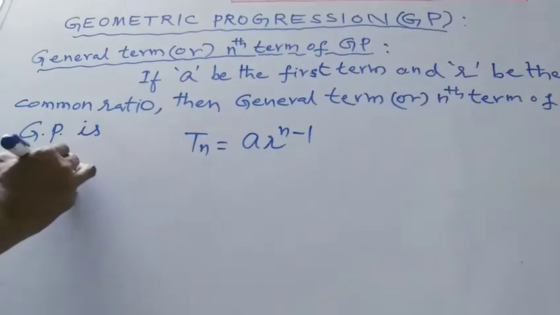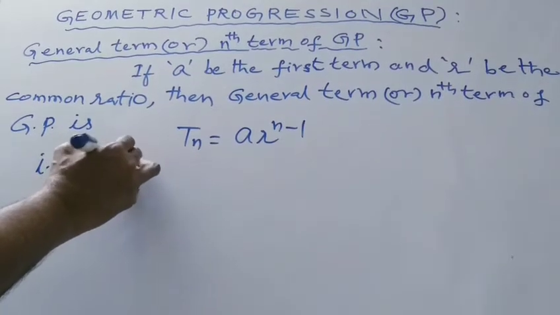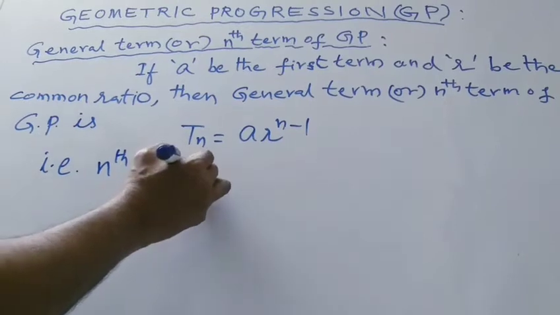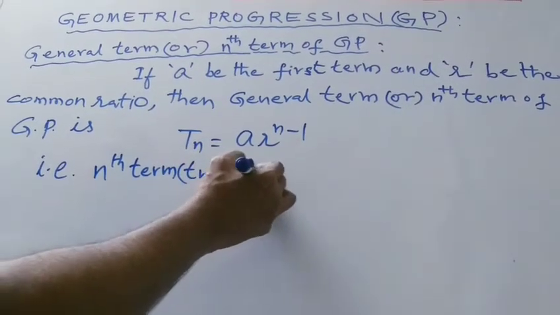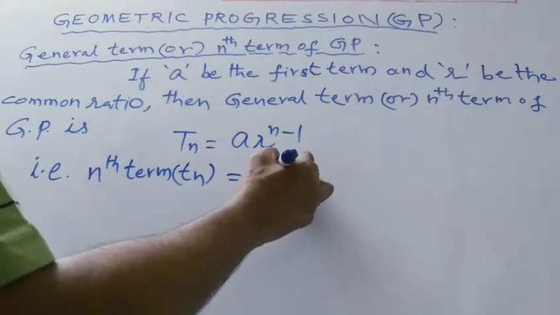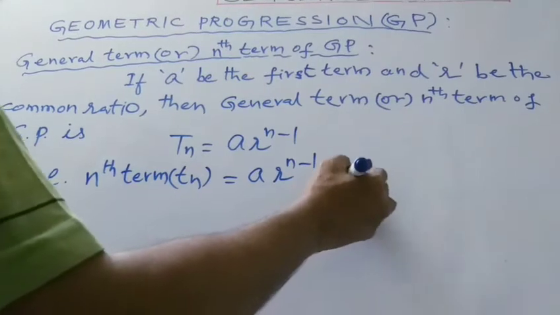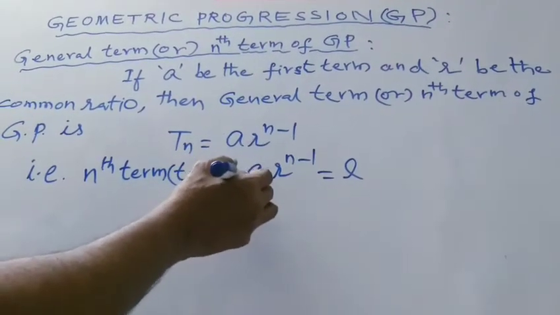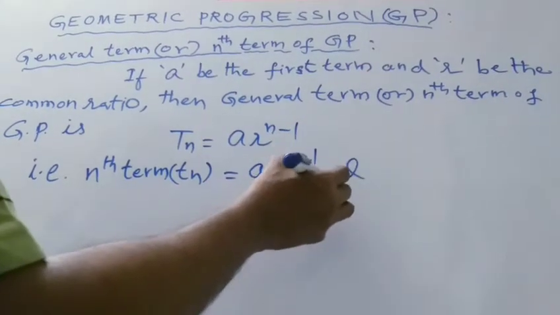That is, nth term Tn is equal to a into r to the power of n minus 1 is equal to l. This l is the last term. Nth term is also considered as last term.